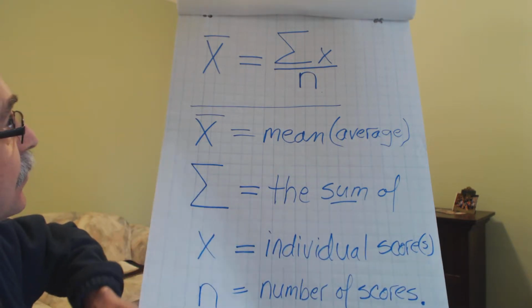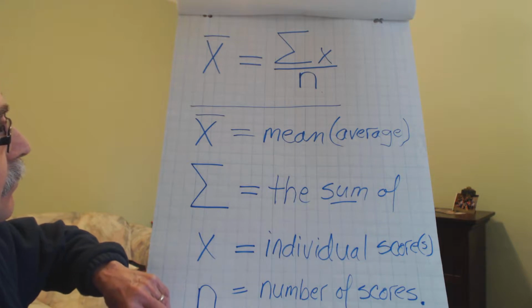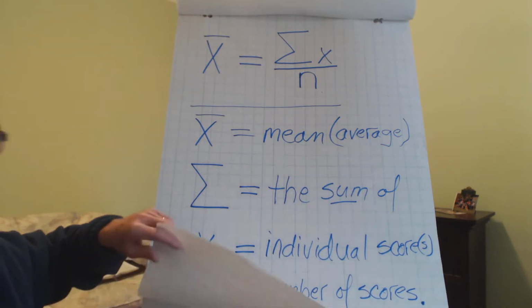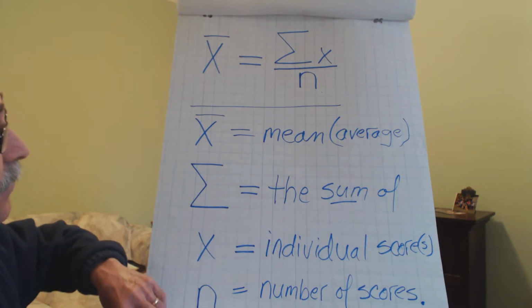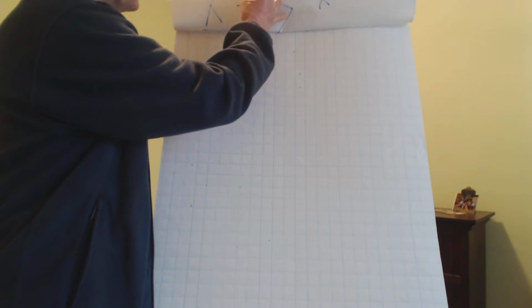However, you do have to be able to recognize it, and maybe on a test there might be a question that uses that notation, so you've got to be familiar with it.